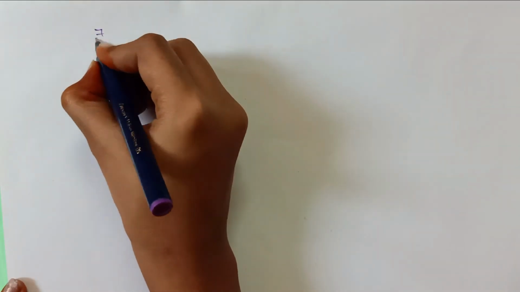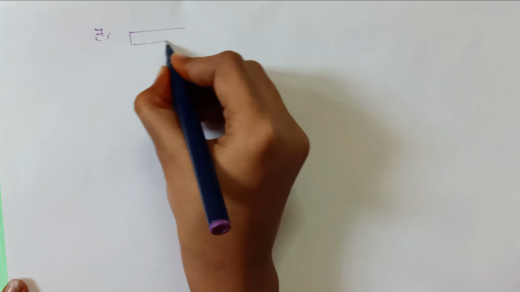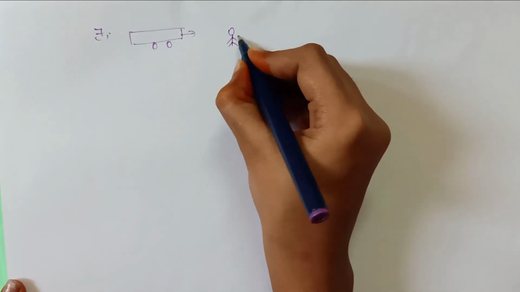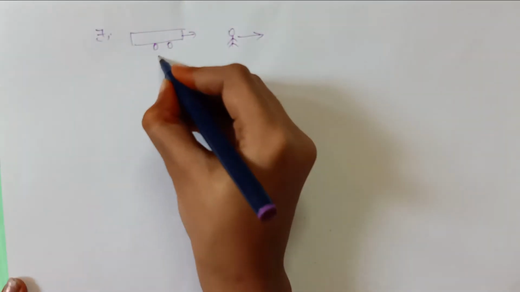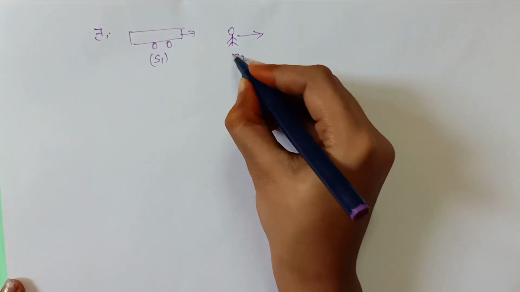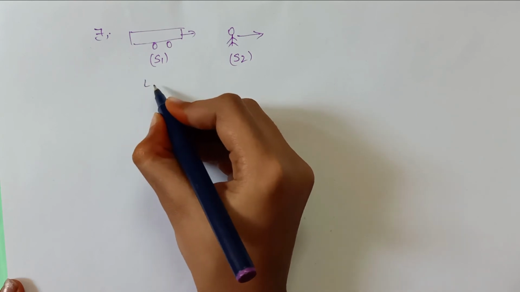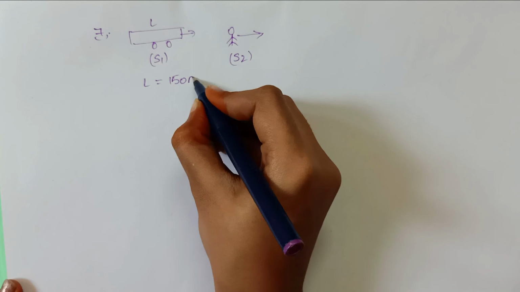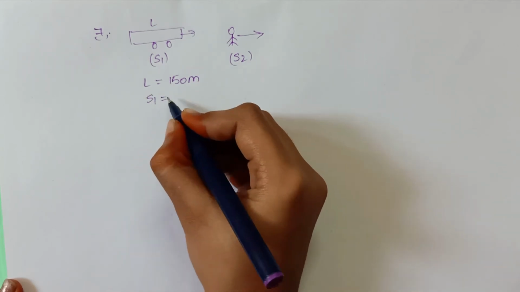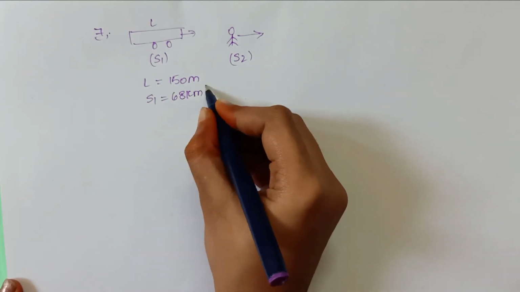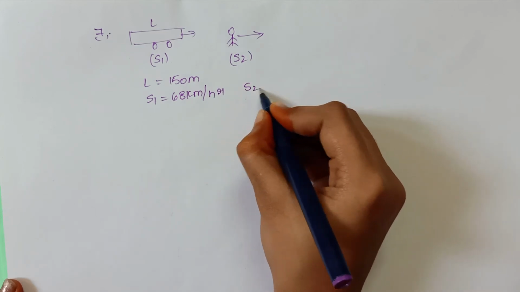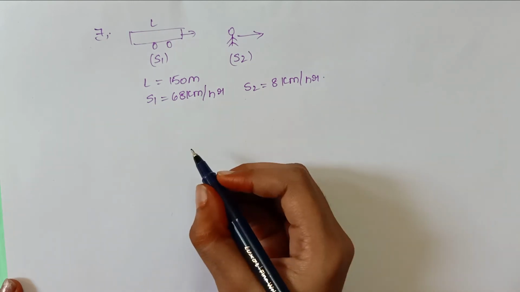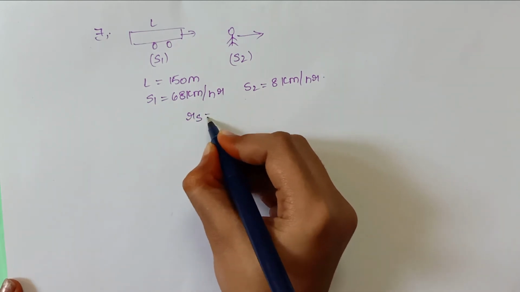Now, seventh example. If a train is moving, a person is also moving in same direction with speed S1 and S2, where length is given as 150 meters and speed S1 is 68 km per hour. Speed S2 is 8 km per hour. Now we want to find the relative speed.